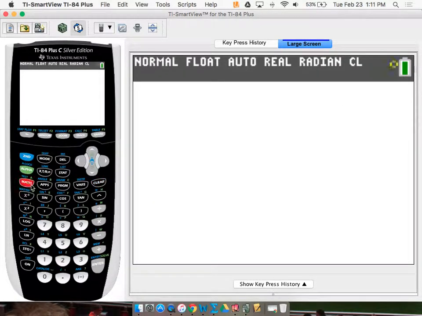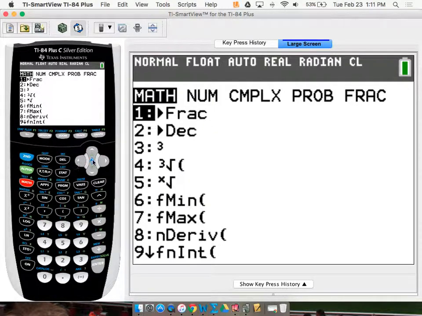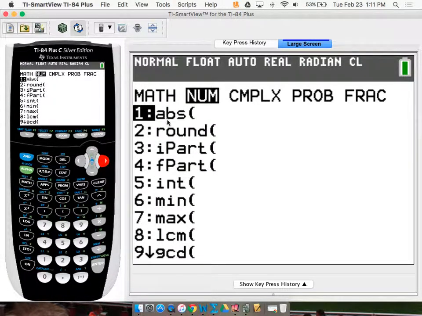All right, so you guys hit Math 9. Now you need to type in absolute value. So hit the Math button again, and then scroll over once for number. The first one up there is absolute value.